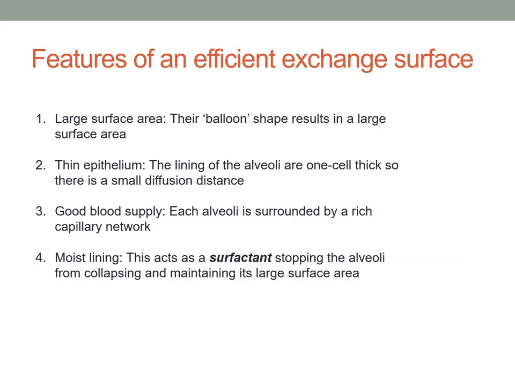Now, the first part of the question is explain how an alveolus is structured to suit its function. Well, the alveolus is what's called a special exchange surface, and it's a surface in multicellular organisms that suits the process of exchanging nutrients and gases really, really quickly.